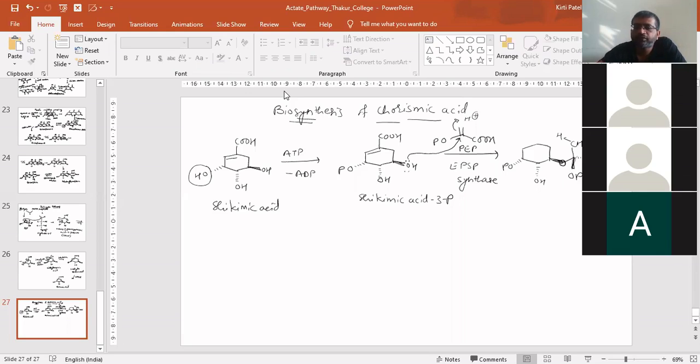Now what happens? Here we have a COOH and here a double bond. Now this loss or elimination, 1,2 elimination of phosphoric acid happens. This is also in presence of EPSP synthase. Both these steps happen together in this one enzyme.